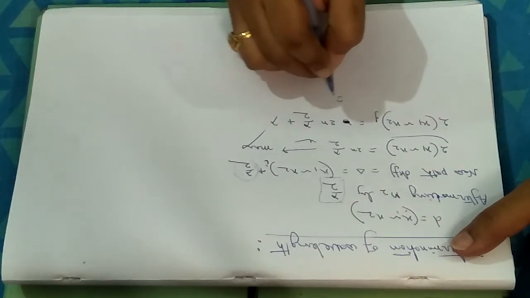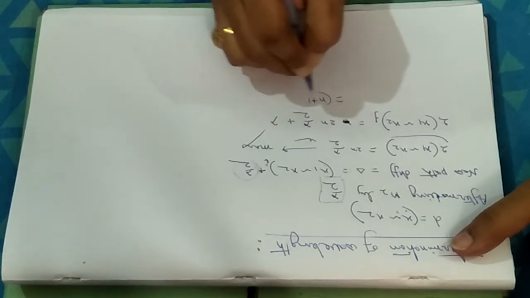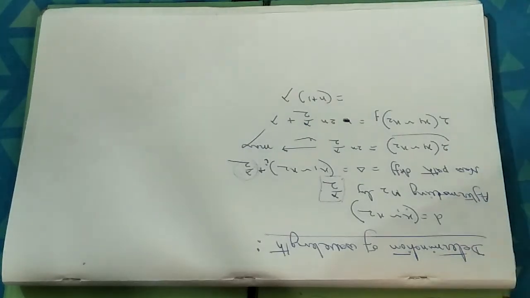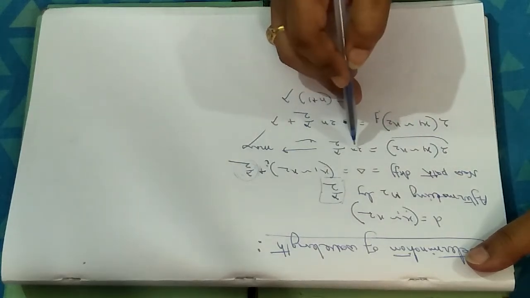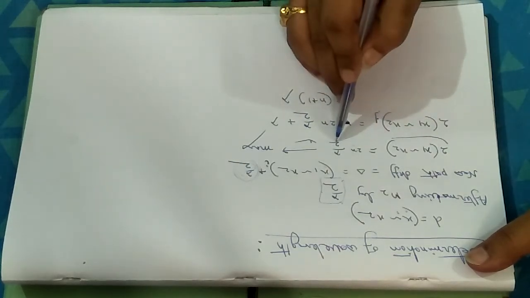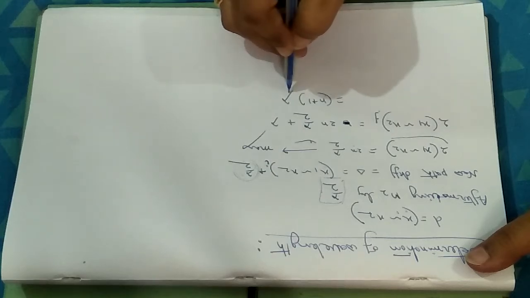I can rewrite this as n plus 1 into lambda. So look, the previous one was n lambda, now I am getting n plus 1 lambda.